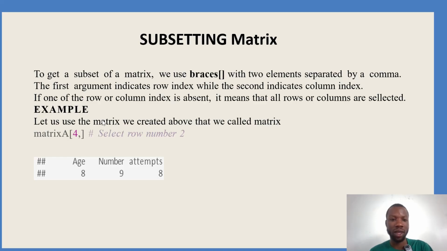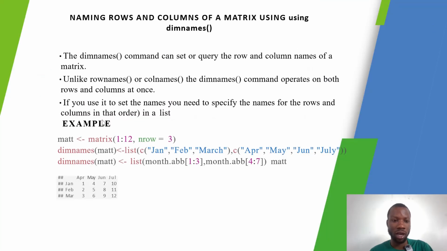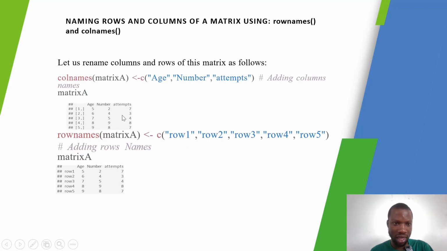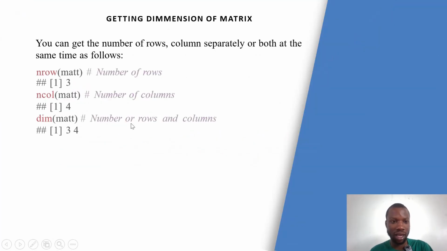Bring it to me. Select row number 4. That's 898. If we come here, this is matrix A, and row number 4 is 898. That's what we are getting here.